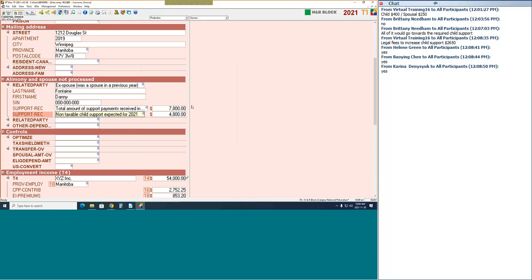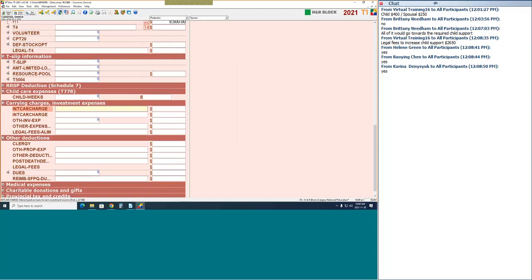Does anyone remember what line number legal fees related to support goes on? It is treated as carrying charges. So because I know it has to go in the carrying charges section, which, again, don't ask me why it's not intuitive, but that is where it goes.